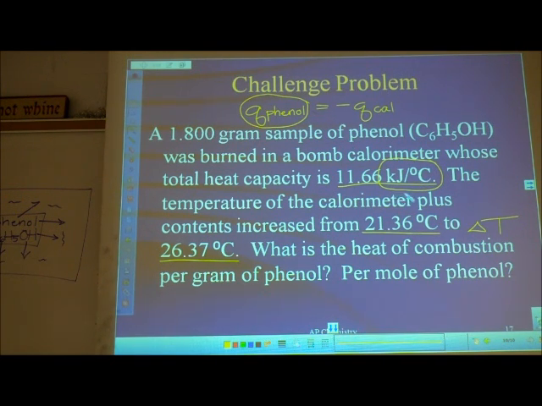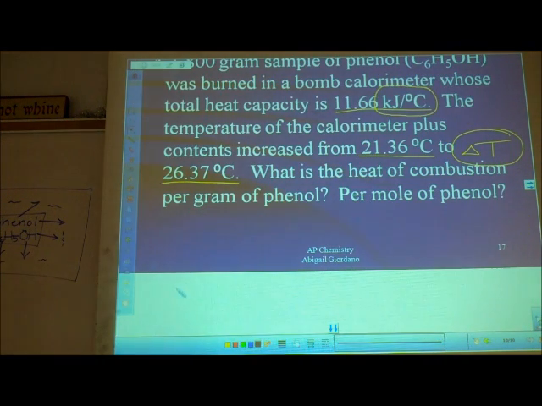Multiply by something in Celsius. What in Celsius? Ding, ding, ding. This is a situation where we're going to do heat capacity times delta T. I don't need a mass. There are no units of grams to get rid of. So here we go.